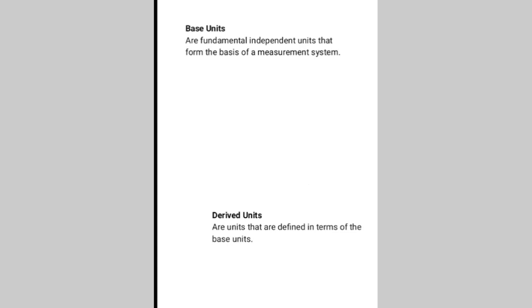Now, what are some of the examples of the derived units? So we can have, for example, force. Force is the physical quantity, and its unit is a derived unit, which of course is the Newton. Also power, hertz for frequency, speed.